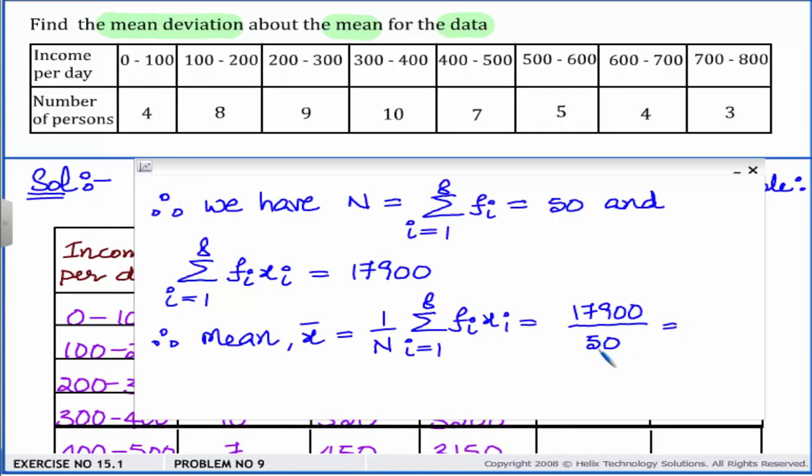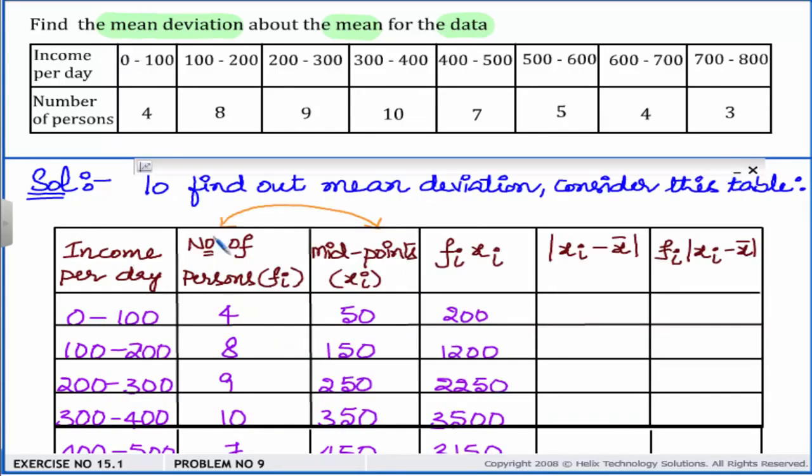On simplifying, you will be getting 358. Therefore we have mean x bar is equal to 358.